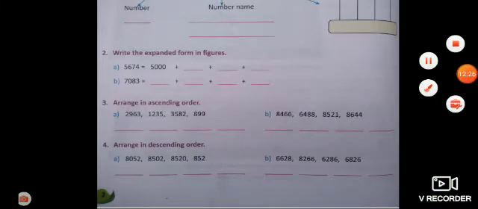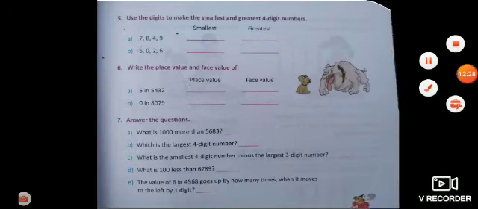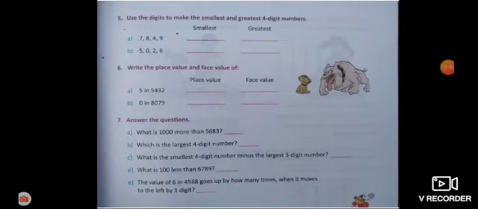Next, now use the digits to make the smallest and greatest 4-digit number. We are going to make the smallest and greatest 4-digit number. See, smallest number means with these digits 7, 8, 4, 9, you have to form the smallest number. Before that, you listen.